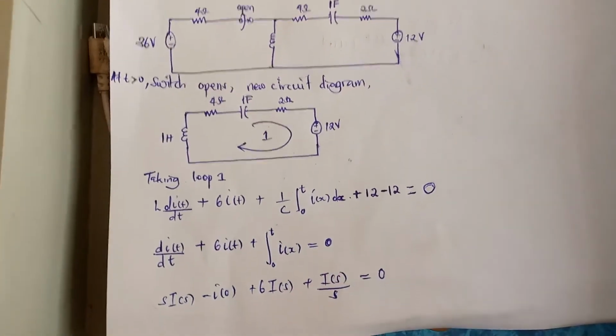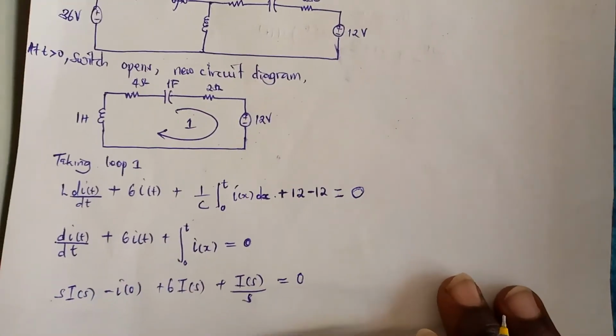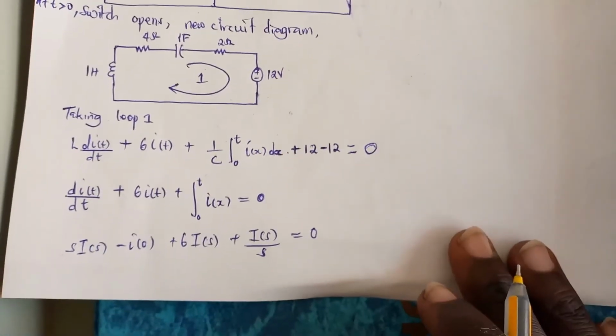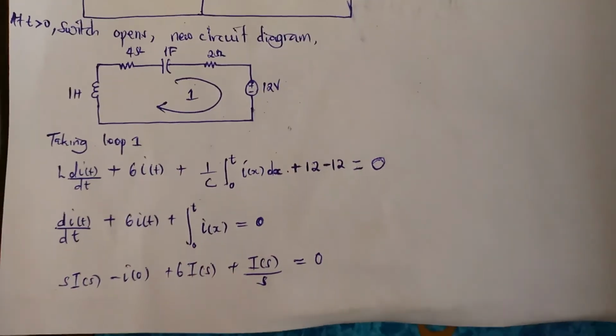So the total algebraic sum equals 0. That is the loop equation of that circuit diagram.